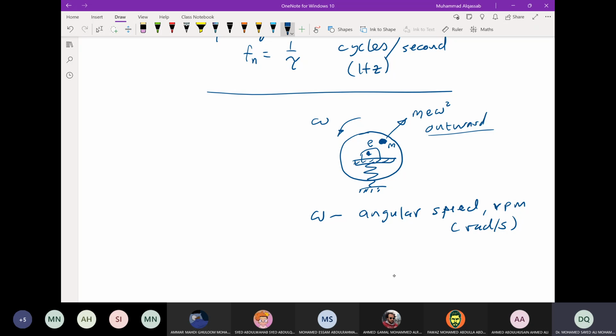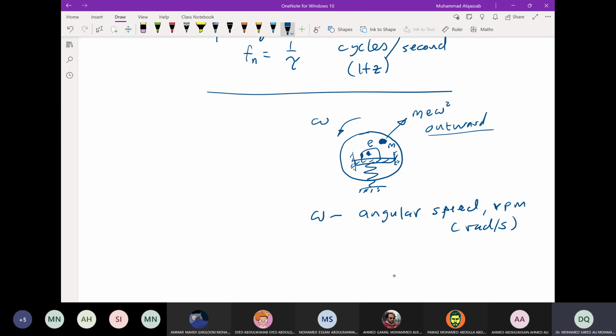And since the disk is rotating, if you limit the vibration to the vertical direction, so it is not going to move horizontally, you can put a guide here so that it only moves in the vertical direction.